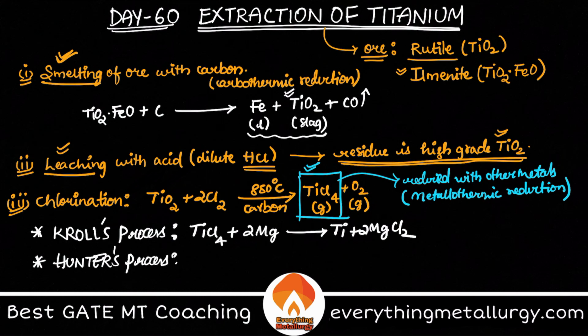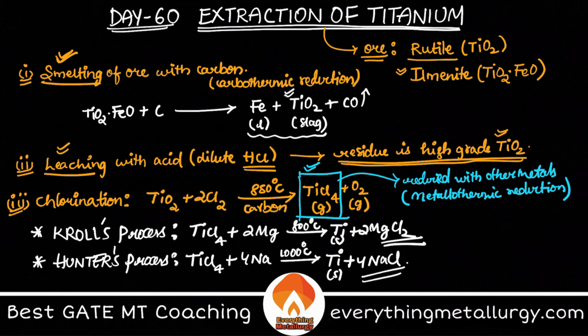Hunter's process is the reaction of TiCl4 with sodium. The only difference is the temperature. In Kroll's you have 800 degrees, whereas here 1000 degrees Celsius is required, and it gives me Ti plus 4 NaCl. These are simple displacement reactions. Chlorine is just separated out from my TiCl4 and goes to the other metal, which is the reducing agent.